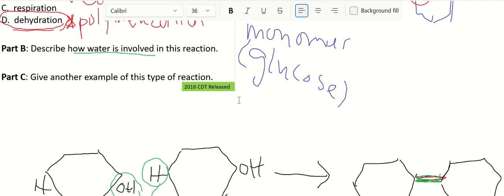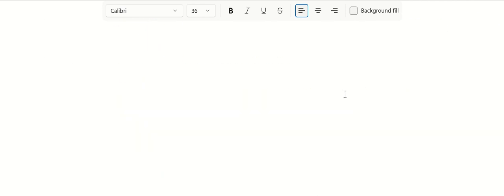All right, let's take a look at part C. Give another example of this type of reaction. The three molecules that are formed this way are carbohydrates. We just saw that. Carbohydrates form through dehydration synthesis.